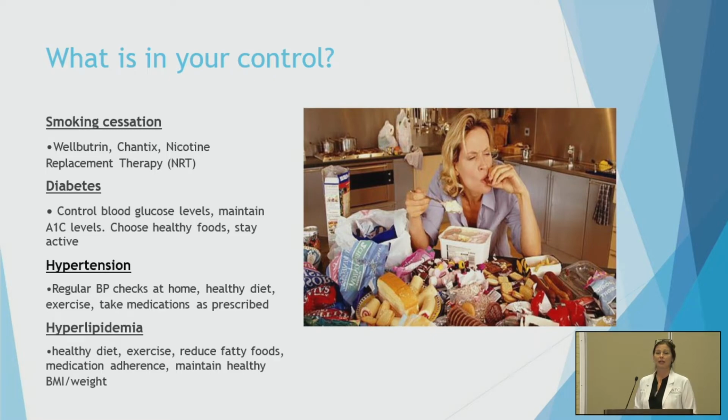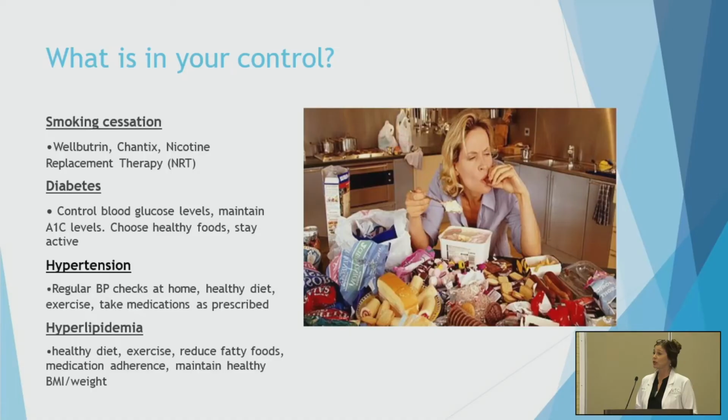Have you tried it? And they generally say, no, I'm not even going to try it. I've heard that it causes horrible nightmares. So I looked into that a little bit, and that does happen in about 10% of patients. But patients often won't even try it because of that. So we need to encourage those patients to at least try it. Give it a try, see if it works.